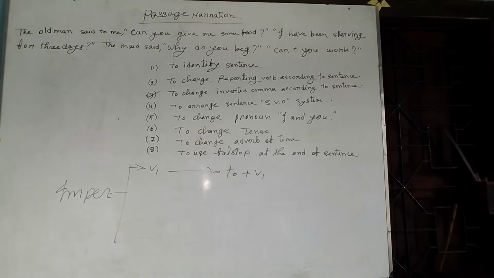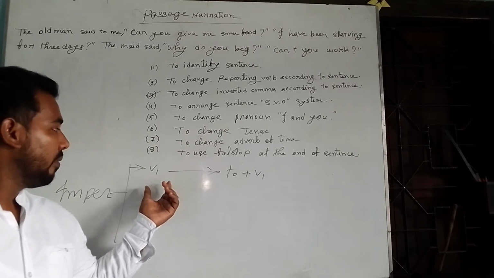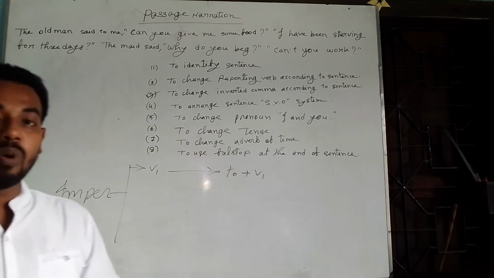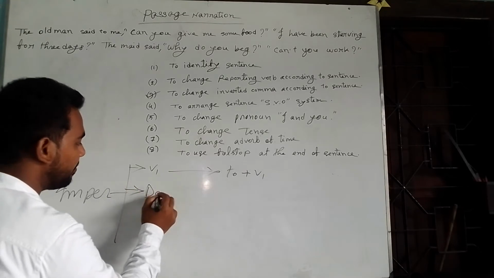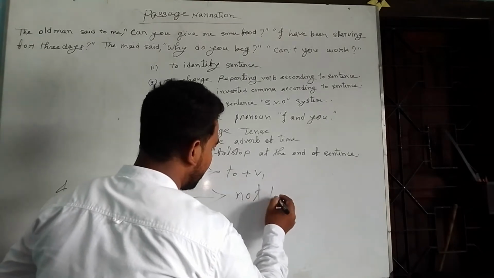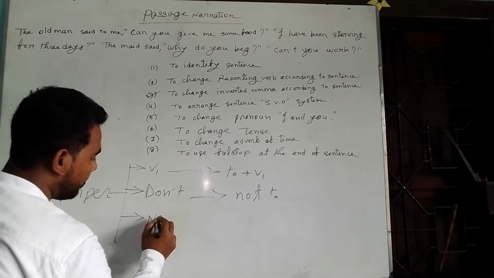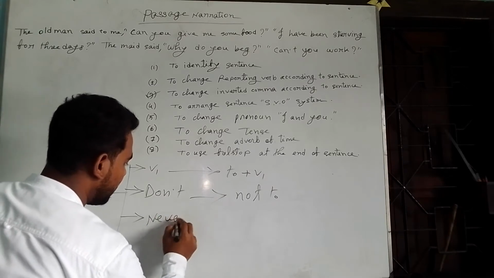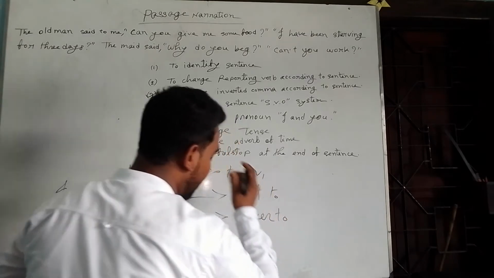Dear student, in imperative sentence there are many ways to change inverted comma. While the sentence will be started at the beginning with V1 form, so changing inverted comma you will use to plus verb V1. While the sentence will be started with don't, changing inverted comma you will use not to. If the sentence is started with never, changing inverted comma you will use never to.